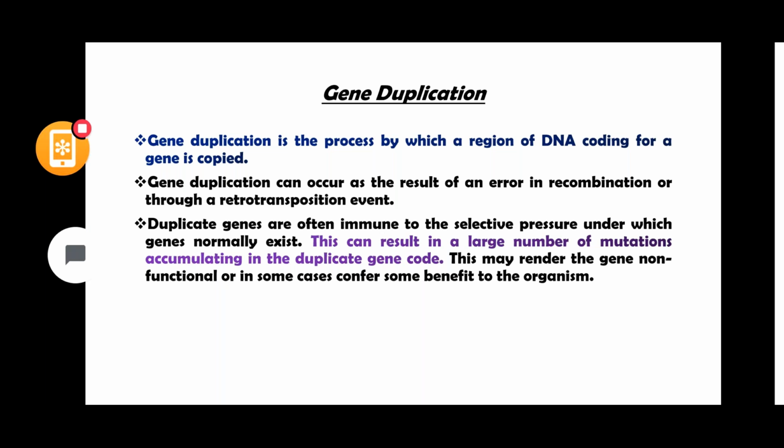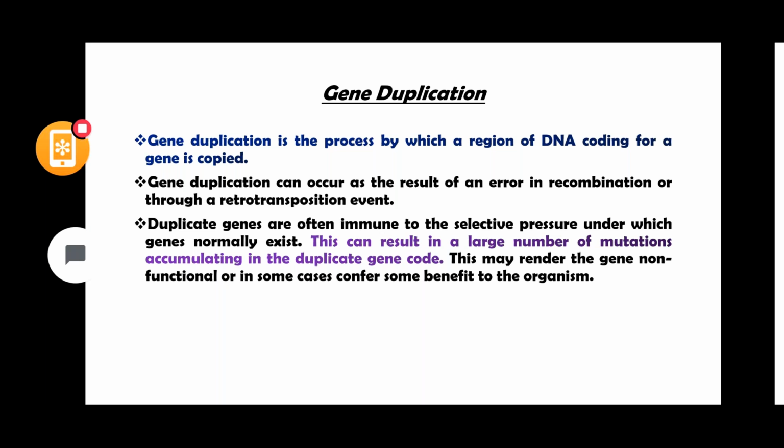Okay, and this gene duplication usually occurs as a result of error in recombination, or through retrotransposon, or unequal recombination on the basis of unequal crossing over, or in the case of retrotransposition, or by replication slippage, meaning error in the replication process.